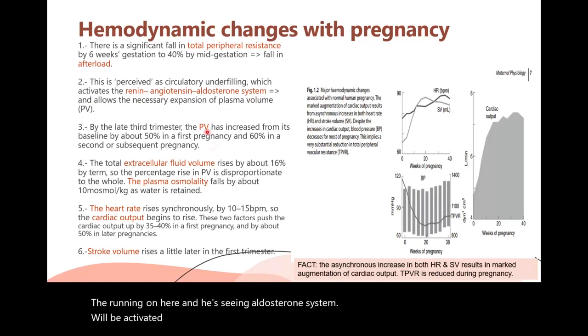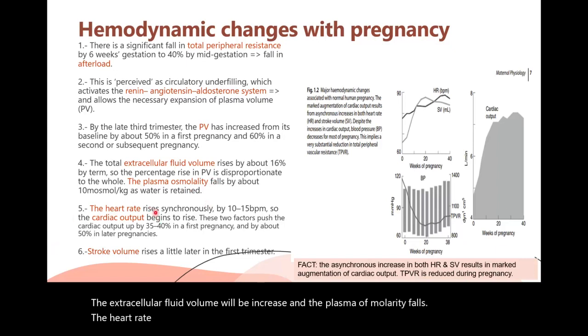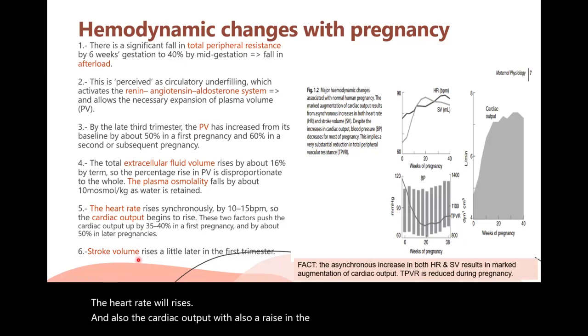The plasma volume will be increased. The extracellular fluid volume will be increased, and the plasma osmolarity falls. The heart rate will rise, and also the cardiac output, with also a rise in the stroke volume.